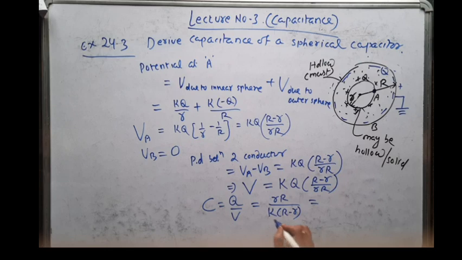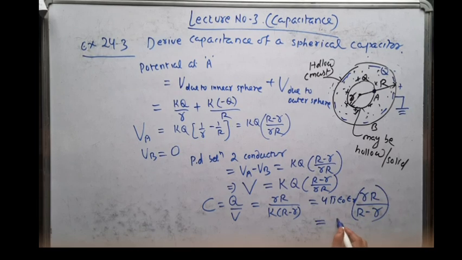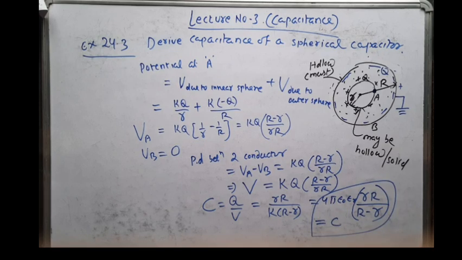So if you substitute, I can write 4 pi epsilon naught epsilon r into small r into capital R divided by capital R minus small r. So this is the capacitance of a spherical capacitor formula. I think it is clear. So this is the capacitance of a spherical capacitor.